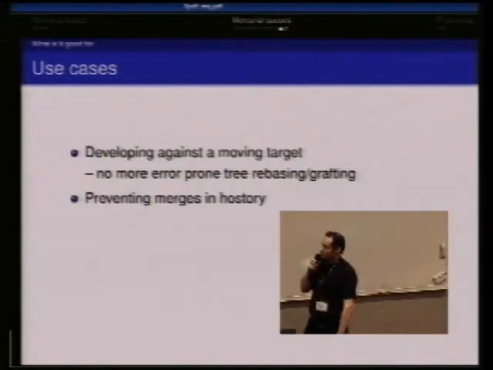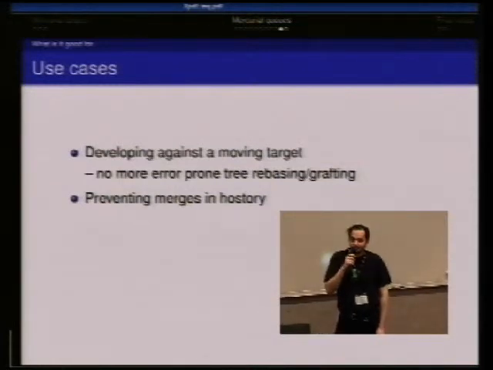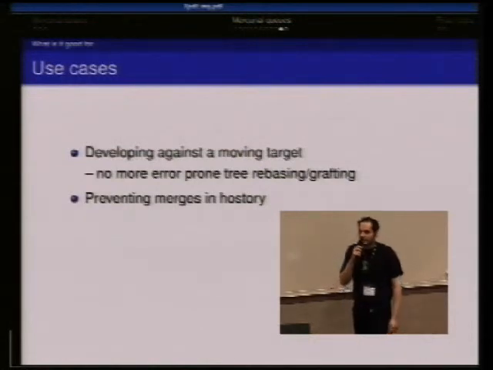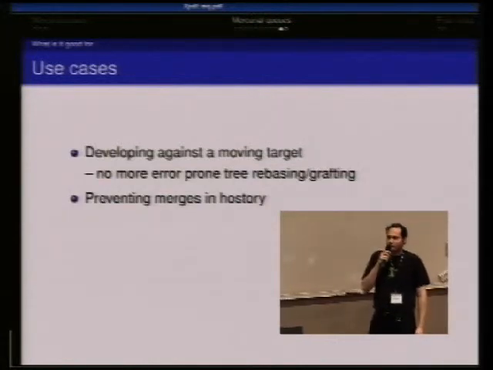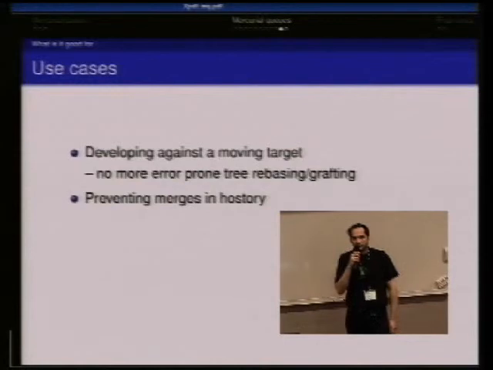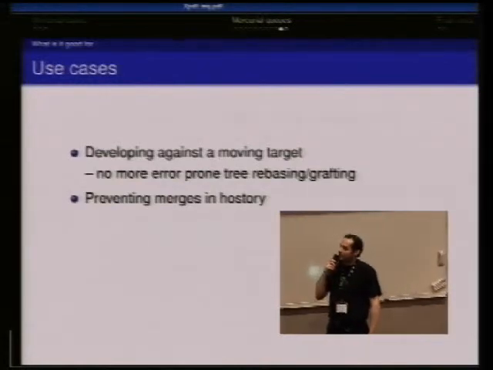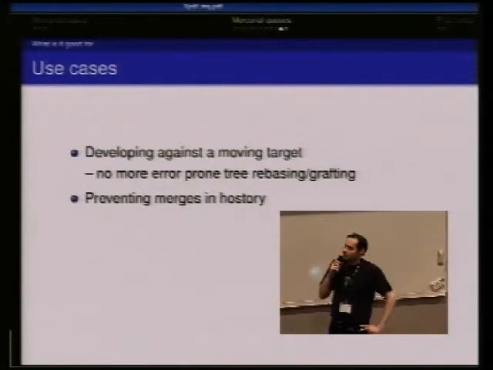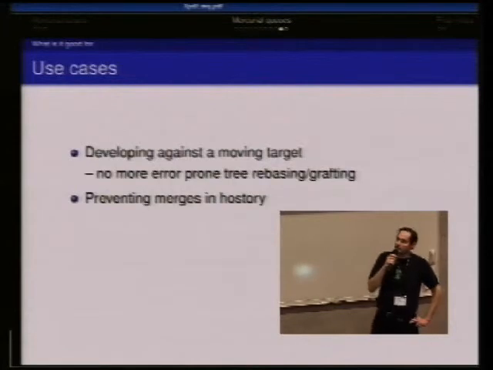You can prevent merges in the history because you can import some of your changesets. For example, if you do some development and then you realize that it's time to pull from the outside, and for some reason you committed your changes into your local repository and didn't publish them, then when you pull changes from the outside, you basically create two branches which you have to merge somehow.